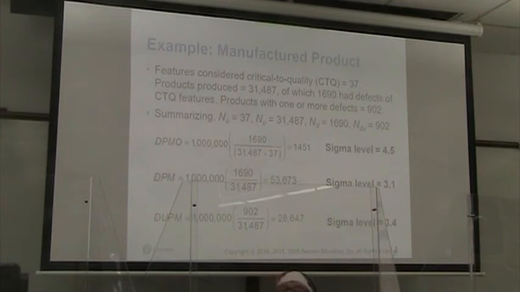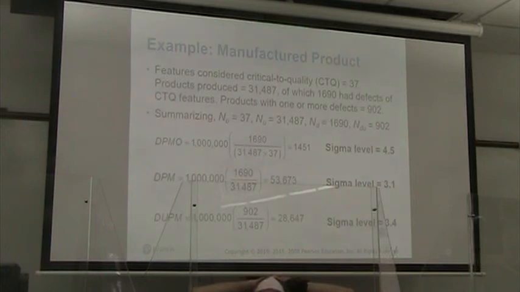All right, so in this example, we have a manufactured product, unspecified as to what it is. We have features that are considered critical to quality, and there are 37 of them. We produce 31,487 of the products, of which 1,690 had defects of the critical to quality features.